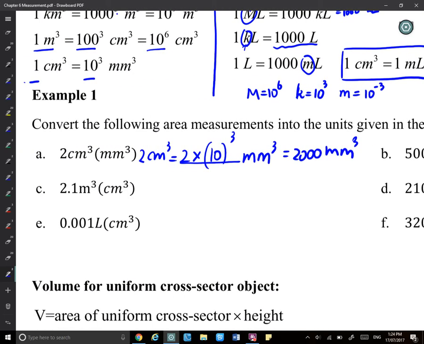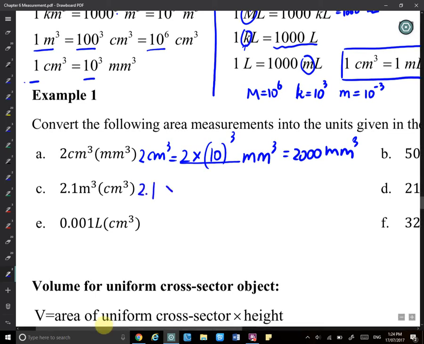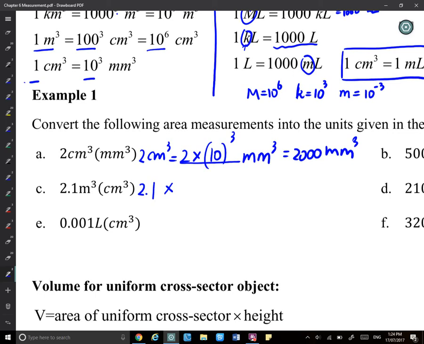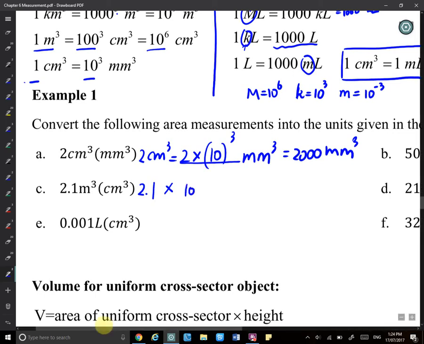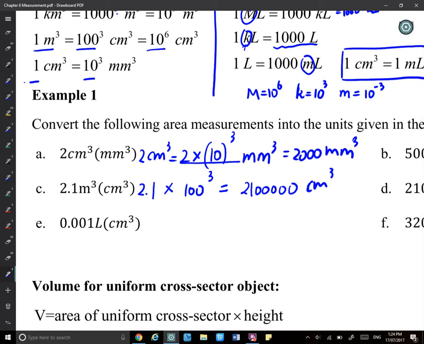Next one, C. Meter cube to centimeter cube. So 2.1 times. Meter to centimeter is a larger unit to a smaller unit, so I will enlarge this number. Meter to centimeter is 100, and you cube that, 100 to the power of 3 is 10 to the power of 6.